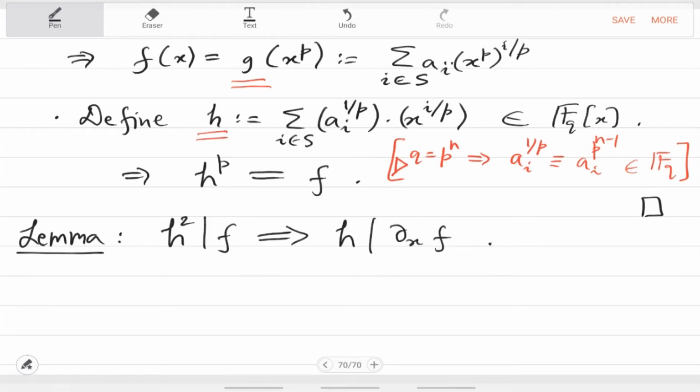This is a very useful property computationally because this gives you immediately an algorithm to test square freeness. If there is an irreducible factor whose square divides f, then how can you discover it? It will divide both f and the derivative. So you just take the GCD. The derivative is very easy to compute, and then the GCD is easy to compute. So when you take the GCD, squarefulness will be discovered.